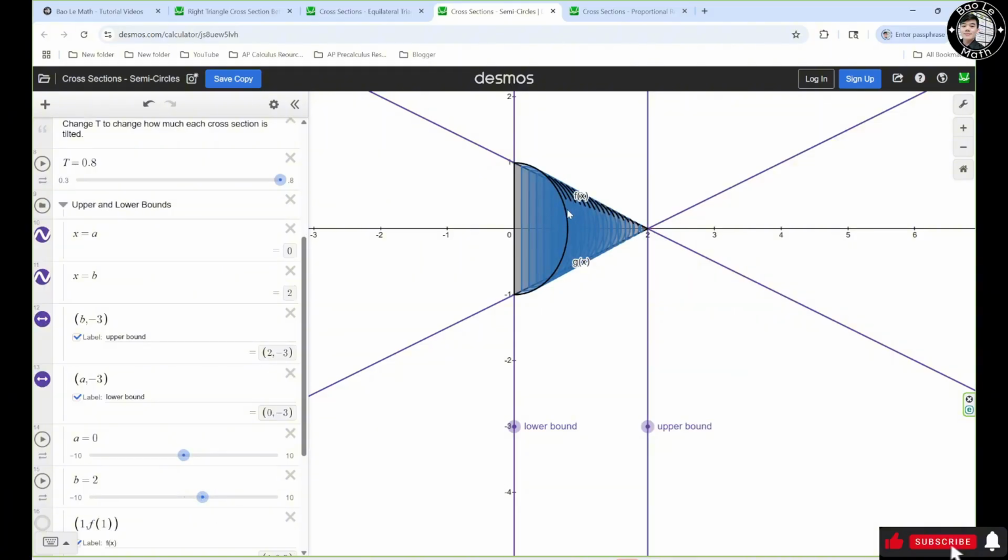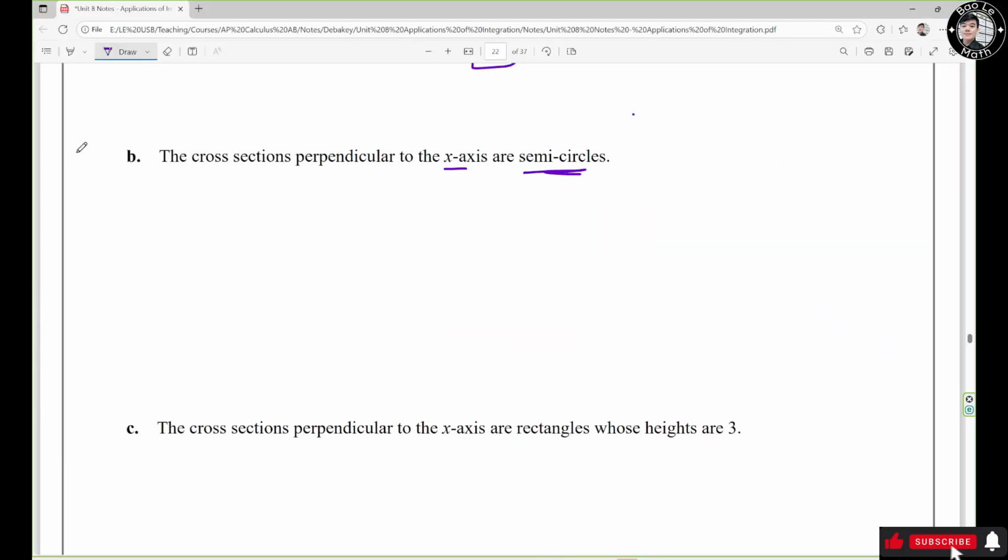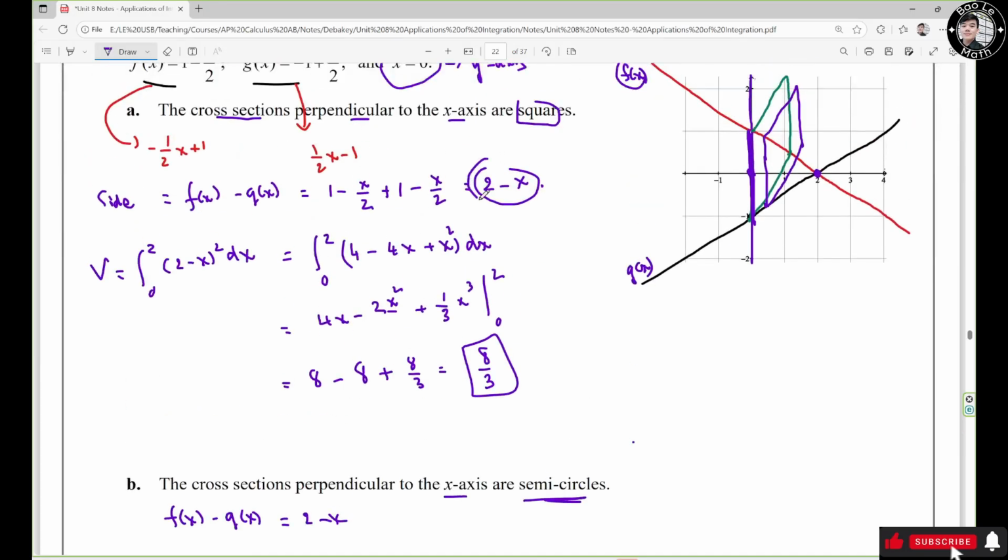Look. So you have infinitely many semicircles, where the diameter is the difference between the function f of s and g of s, right? So I'm going to go back over here. So you know that f of s subtract g of s is 2 minus s, which you calculated above right here, right?